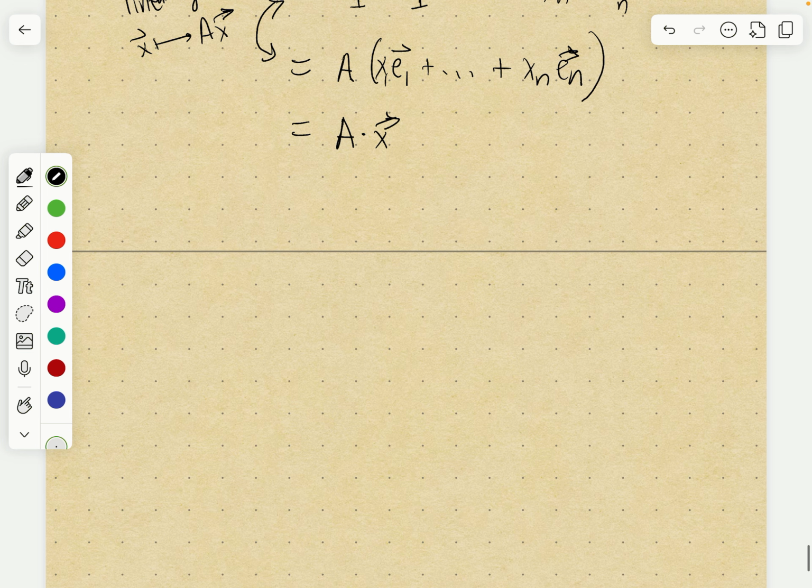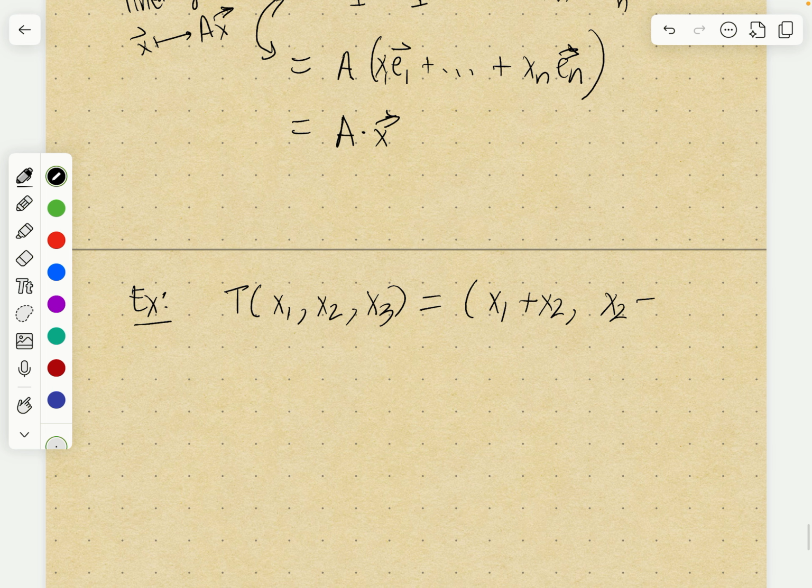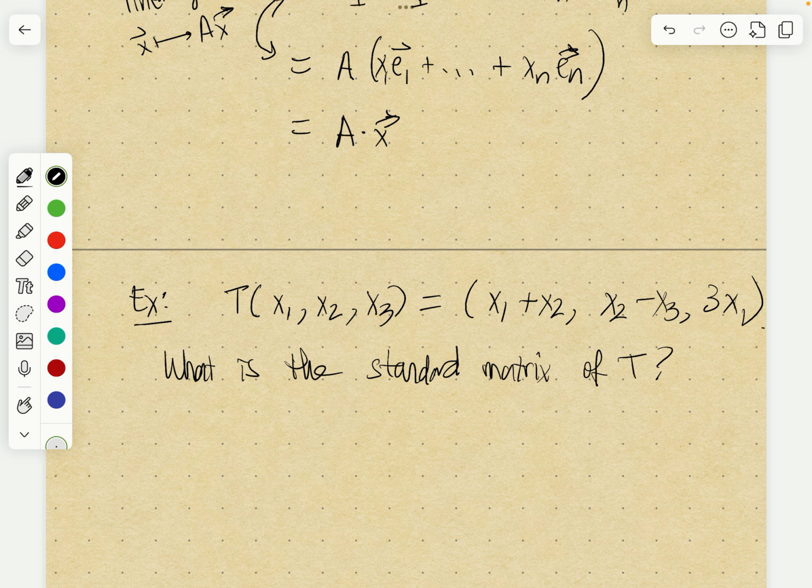So let's do an example. Let's say that you have the linear transformation T of x1, x2, x3 equals x1 plus x2, x2 minus x3, 3x1. Okay, what's the standard matrix of T?